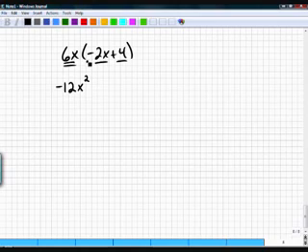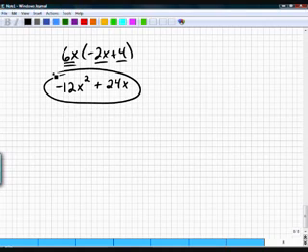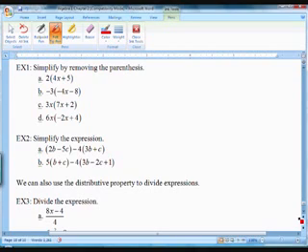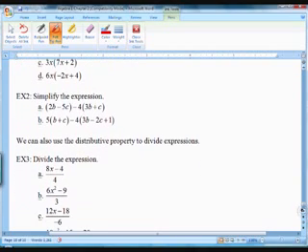Because 6 times negative 2 is negative 12. x times x is x squared. 6x times positive 4 is positive 24x. Cubed. Yeah, don't say cubed. What power is cubed? Third power, good. Okay, now let's put this together with yesterday's lesson.